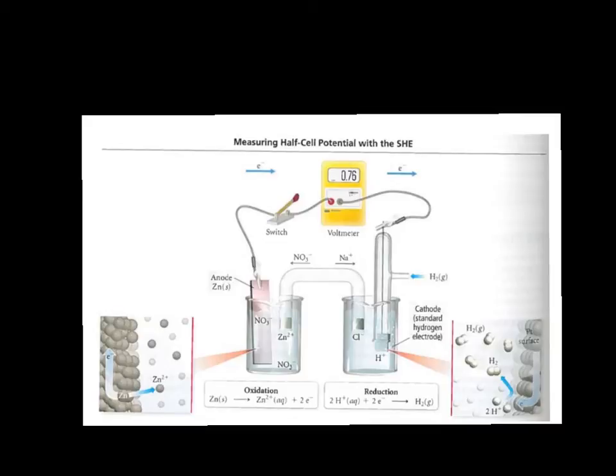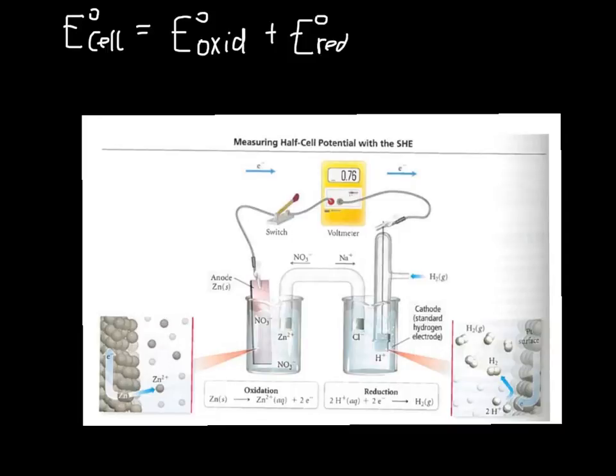So the overall cell potential is determined from both the oxidation and reduction half reactions. The total cell potential is the potential for the oxidation half reaction plus the potential for the reduction half reaction. We can look at this example down here, and we see that hydrogen is being reduced.